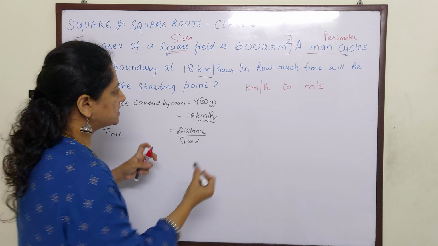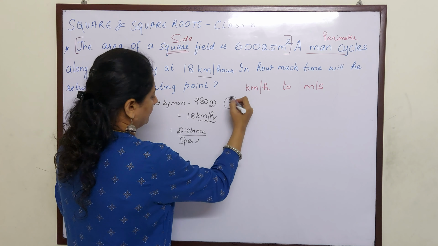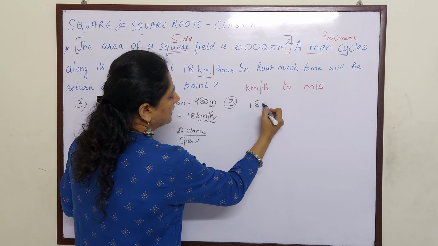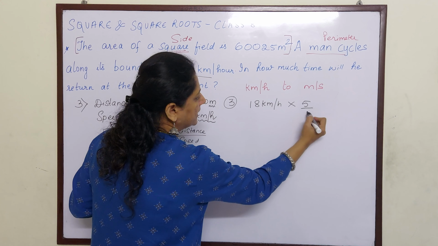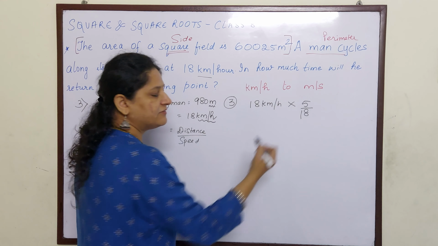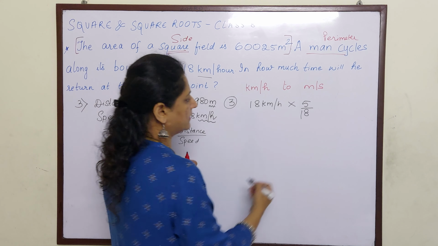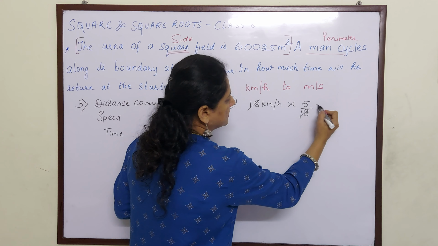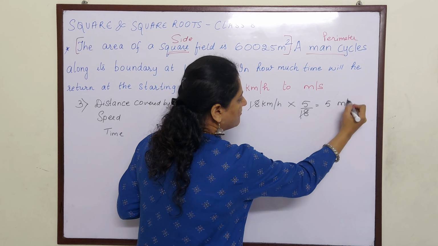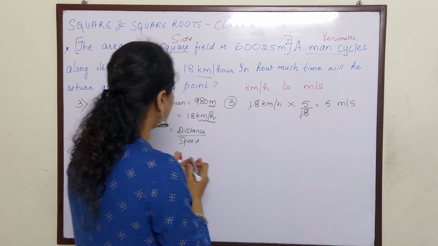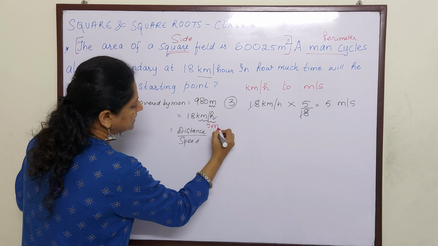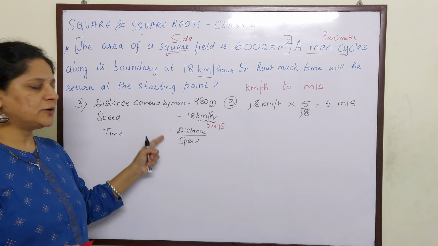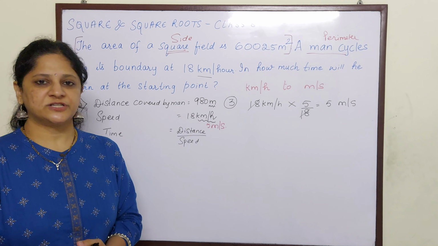That is our third step. 18 kilometer per hour multiplied by 5 by 18 gives the answer in meter per second. 18 gets cancelled, so our answer is 5 meter per second. Now the units are the same, and we can do the division easily.